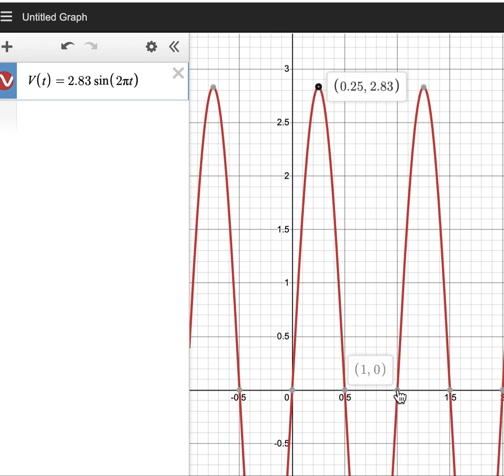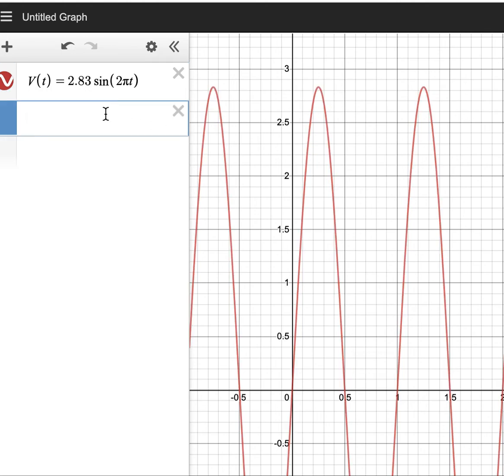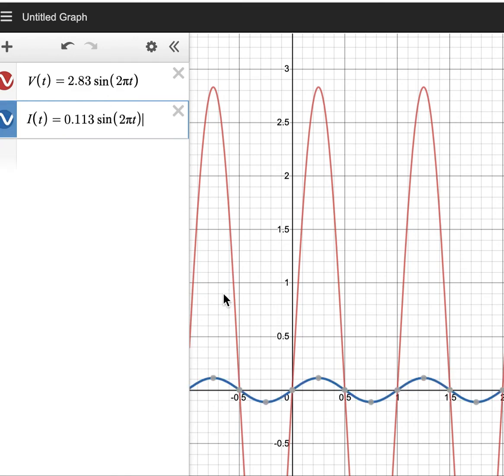It should complete its full cycle in 1 second, so this looks great. And let's put in our current function as well. All right, that's the current in our circuit.